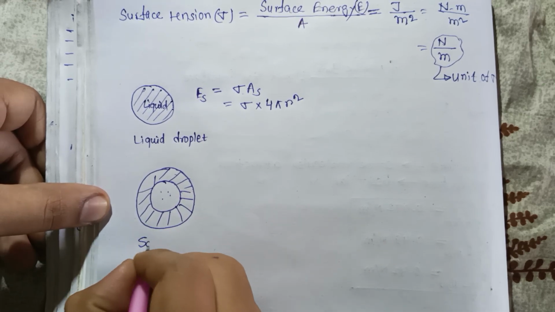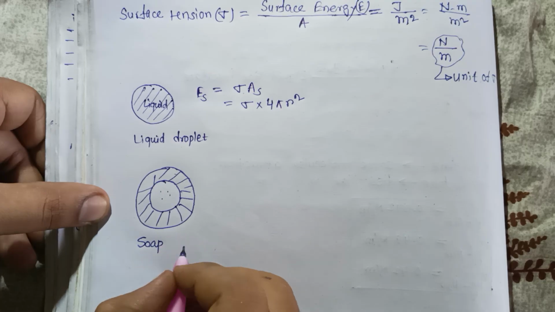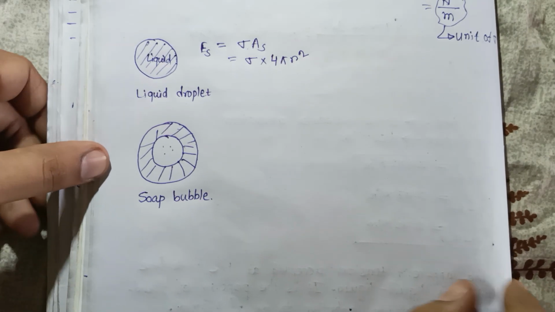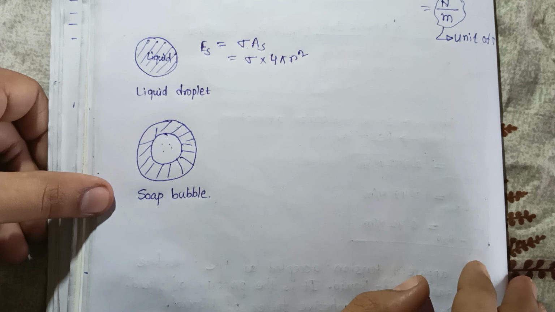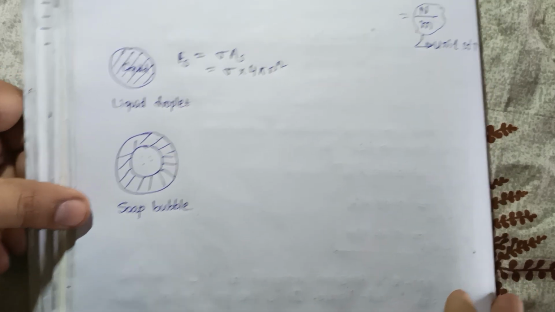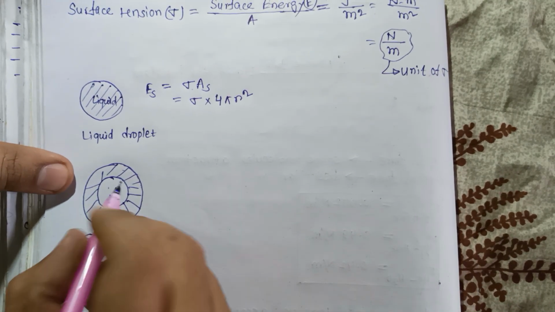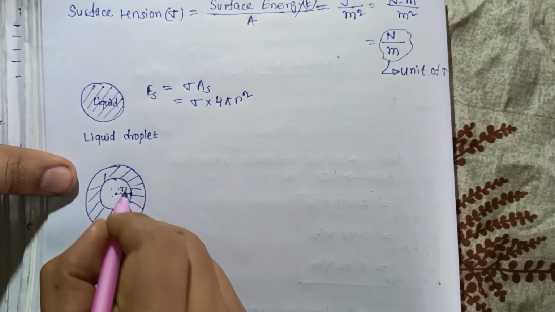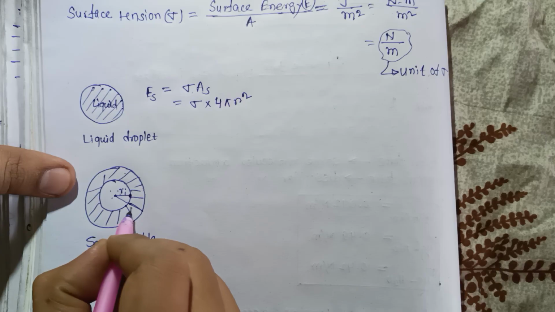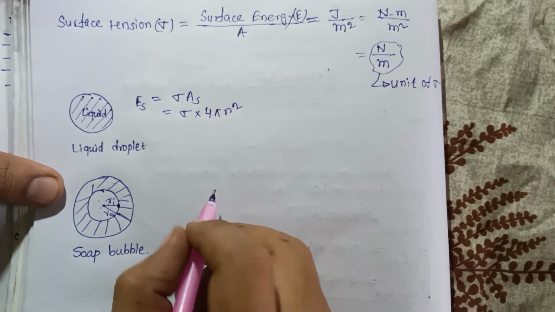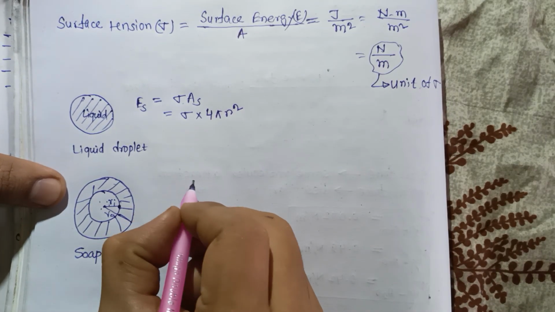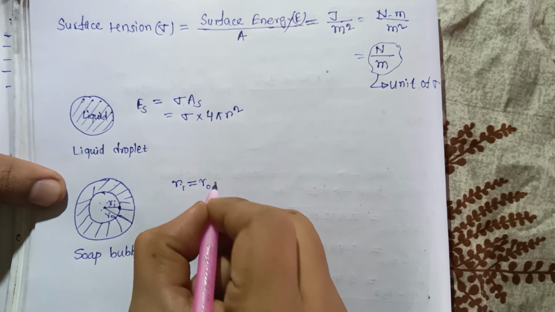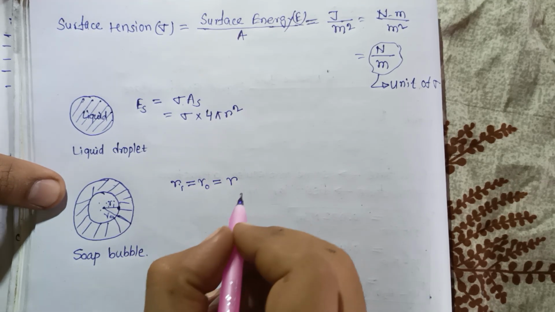Here consider the inner radius Ri and the outer radius Ro, both equal to r.